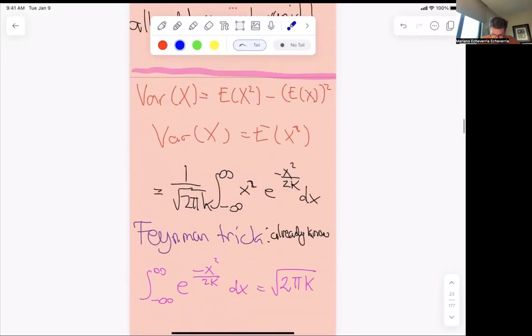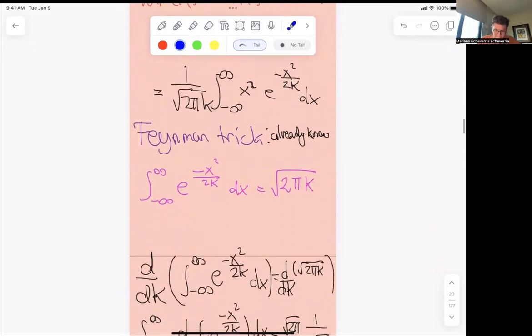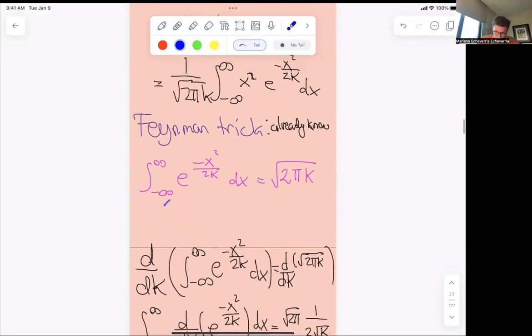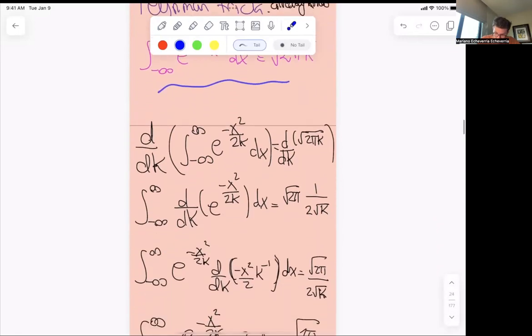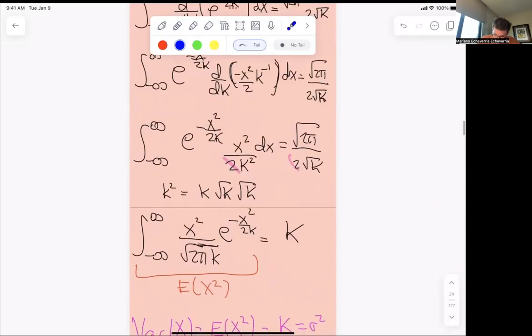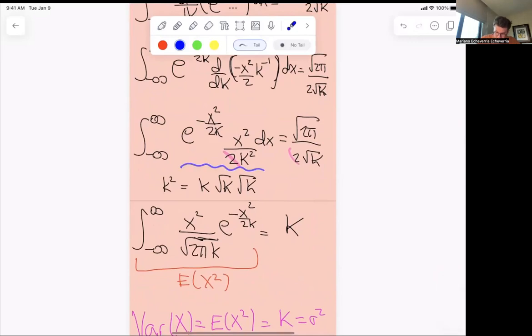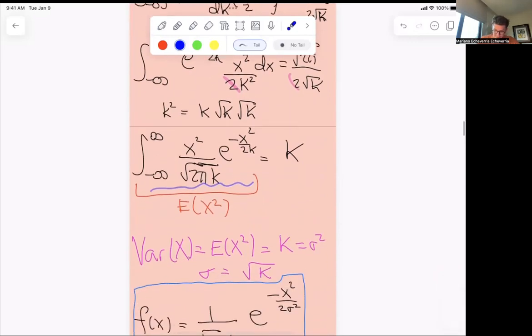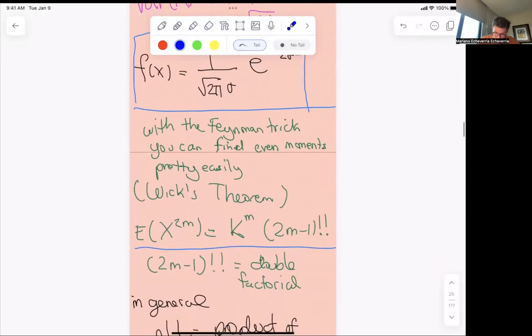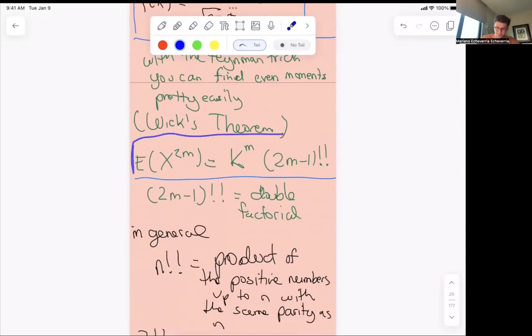Oh, here we finally are. So you see, here we had computed this integral, and then we did it for the x squared case, doing this Feynman trick, and then I wrote the expected value for x to the 2m.